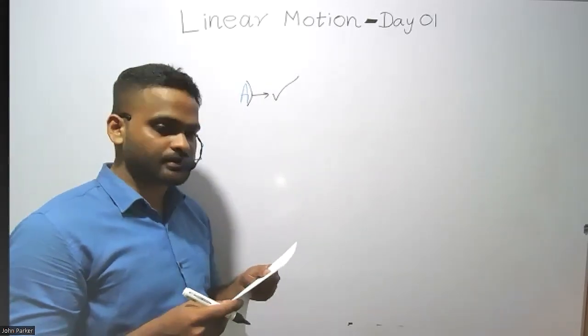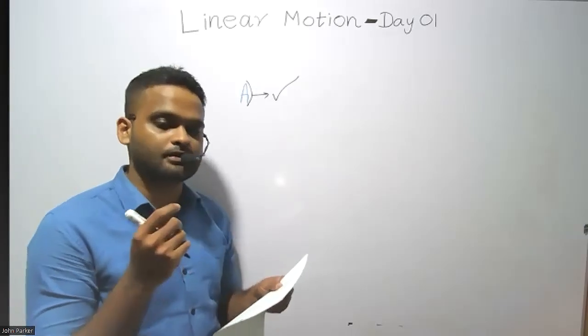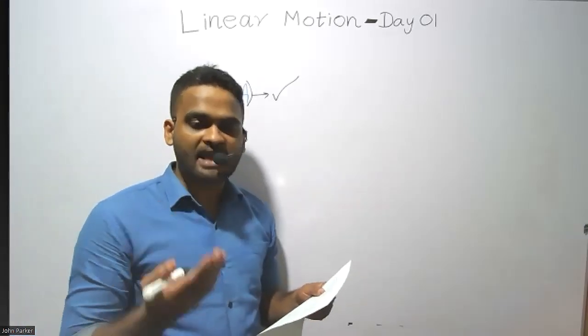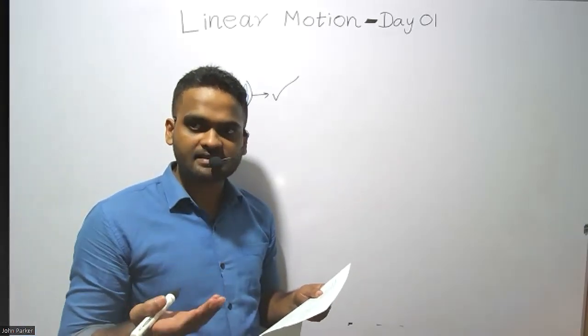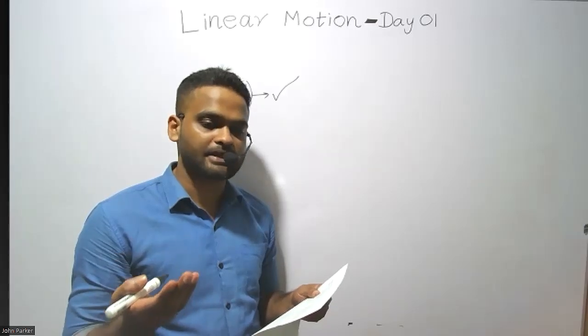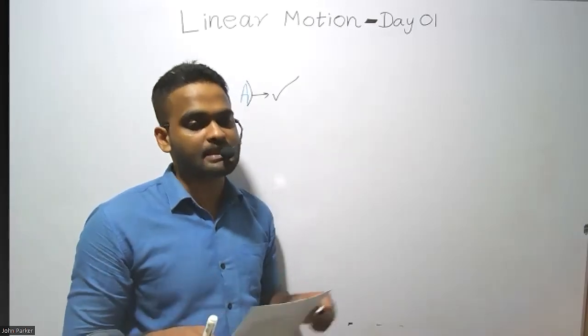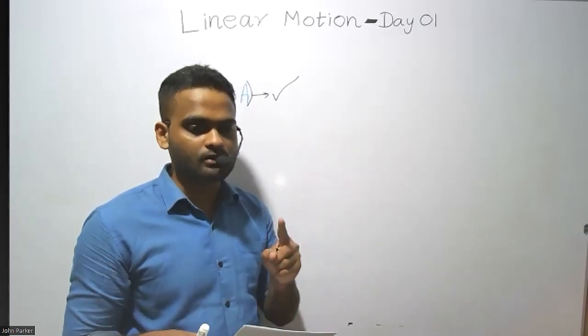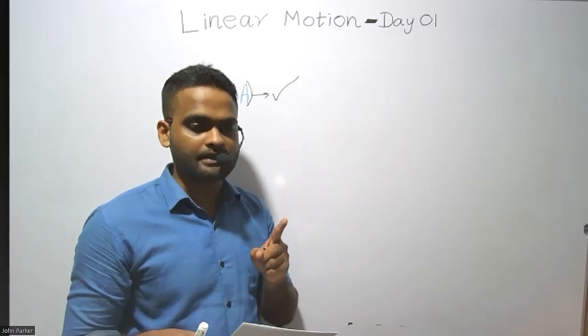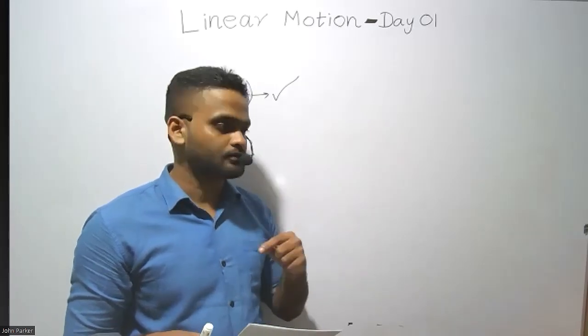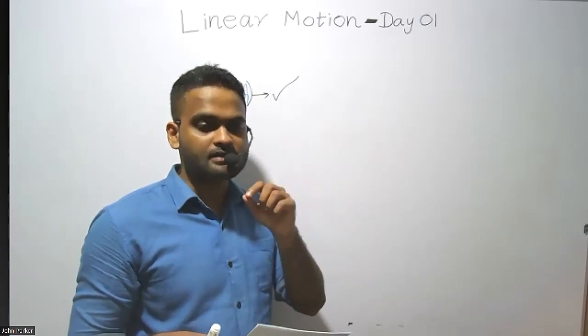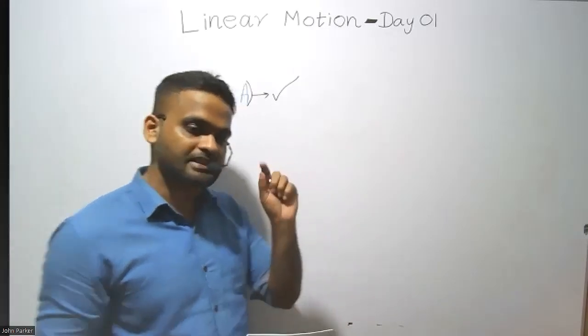For an example, mass is a scalar, meaning it only has a magnitude. We don't say minus 1 kilogram, minus 2 kilogram, like that. So is distance. We don't say minus 2 meters, minus 2 kilometers, like that. So distance cannot be negative.